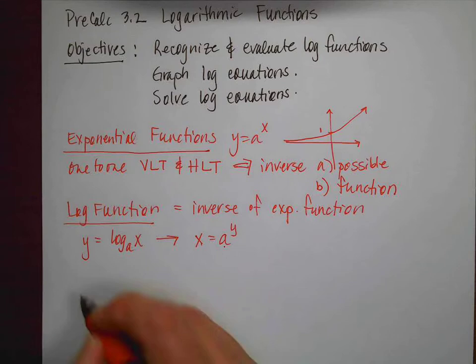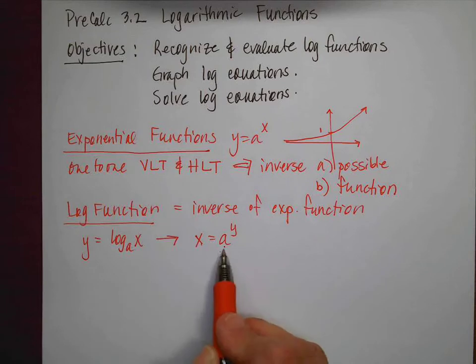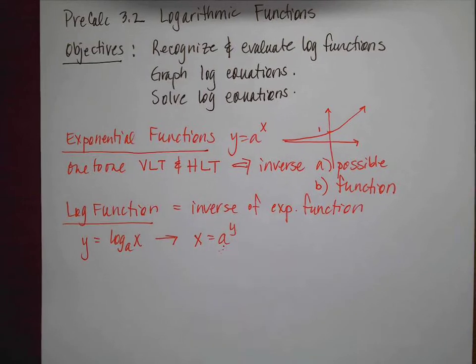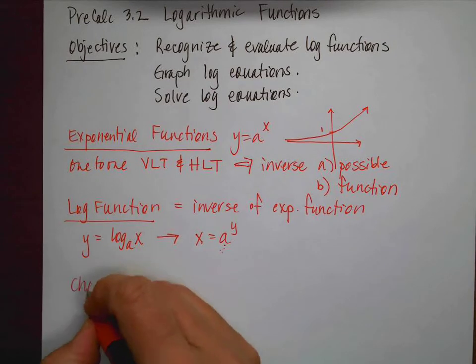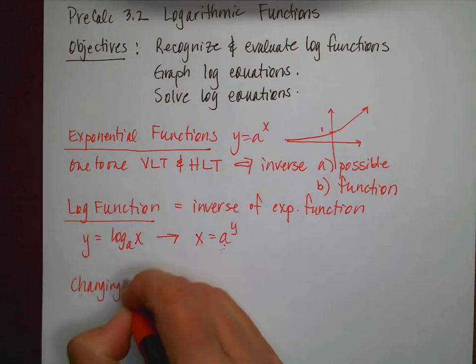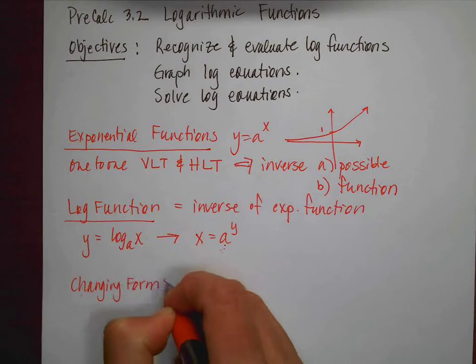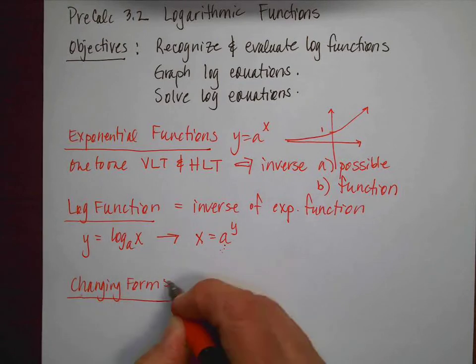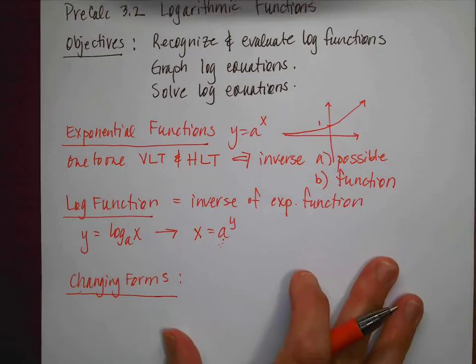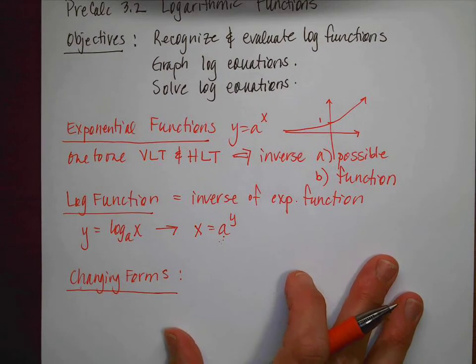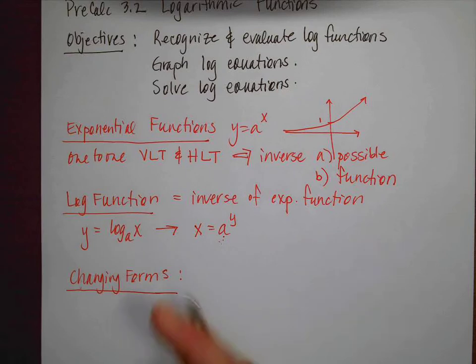So that's actually kind of cool that the two functions are inverses of each other. I'm not actually going to solve this for y, but we would get there eventually. I want to talk about changing forms. It is cool to note that the log and the exponential functions are inverses of each other. And remember, that also means if I do a composition, I would get x.